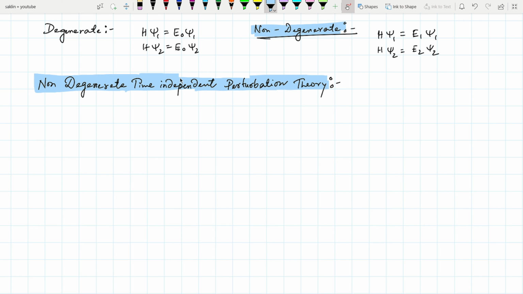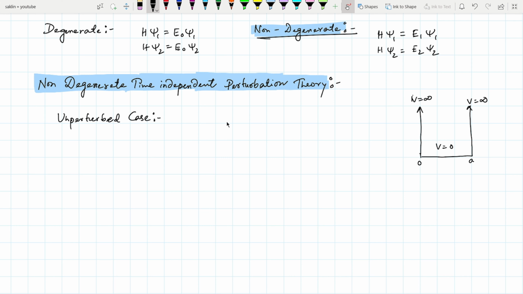Okay, what are they? I will discuss it. At first, the unperturbed case. What is the unperturbed case? The unperturbed case is this case where there is no change in potential. This is the 1D potential box.